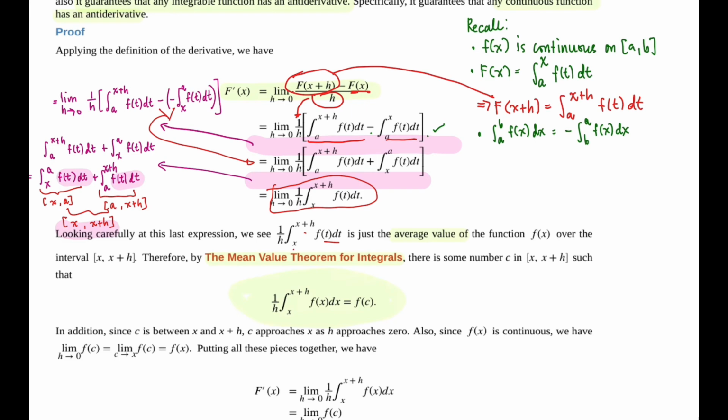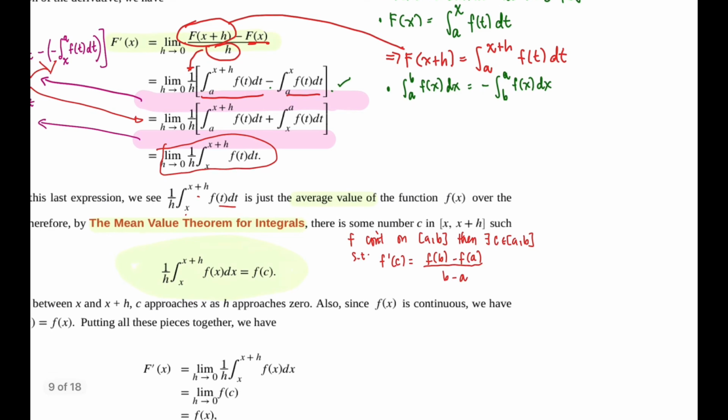Okay, what does the mean value theorem say? The mean value theorem says that if you have a function f of x continuous on [a, b], this is for the derivative, then we can find a c in (a, b) such that f prime of c is equal to f of b minus f of a over b minus a.